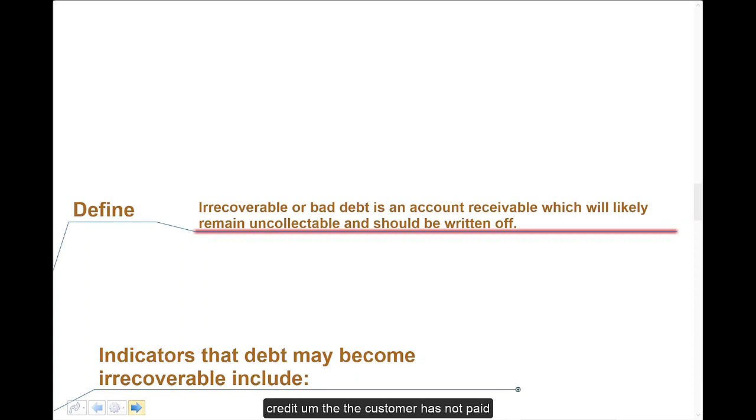The customer has not paid for 90, 120 days, and we decide as a result of communications with that customer that it's highly unlikely that that customer is actually going to pay it. So therefore, we have an account receivable reflected in the accounts that we need to get rid of, because accounts need to be accurate. If it's not going to be paid in the future, we need to write it off. What does that mean? Get rid of it. We need to journal that entry to reflect that debt has gone bad.